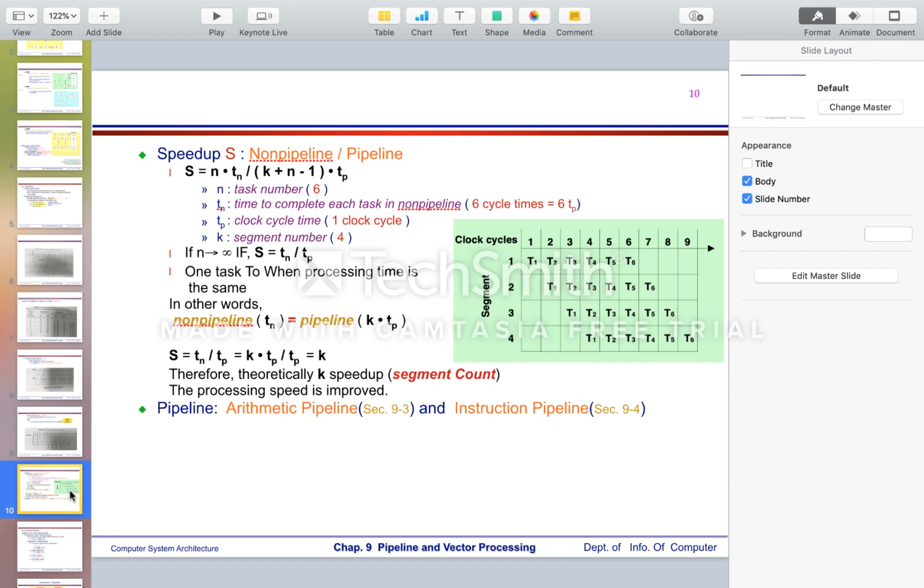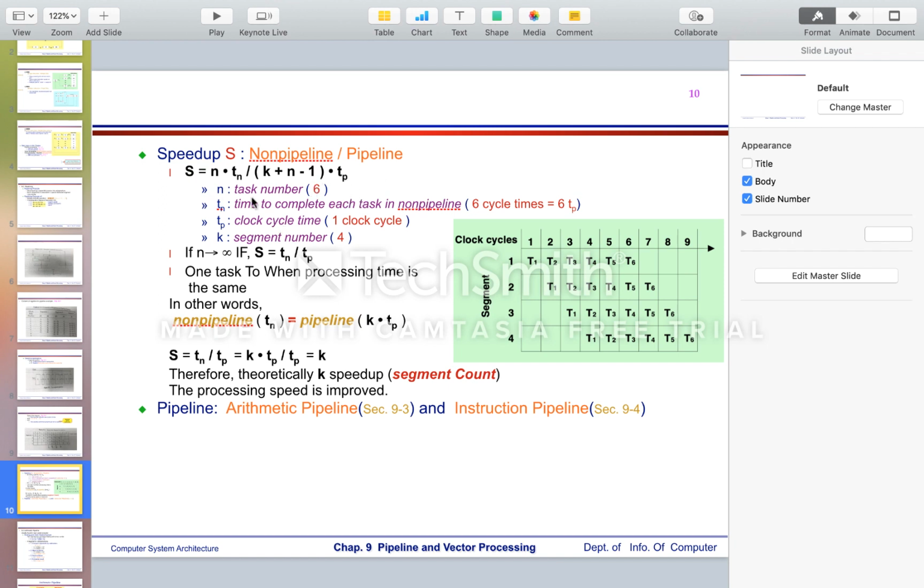Now the next thing we need to find is the speedup S. Speedup S means if we implement pipelining in our system, how much speedup in execution time will there be for our system. We can find it as the execution time without pipelining divided by the execution time for the pipelining system, so n Tn divided by (k plus n minus 1) Tp.